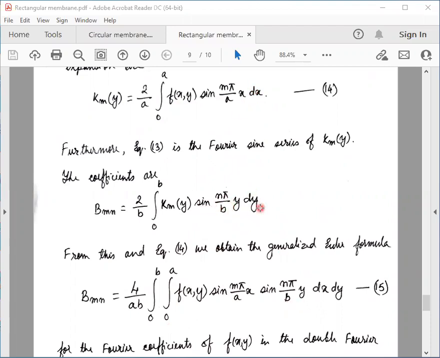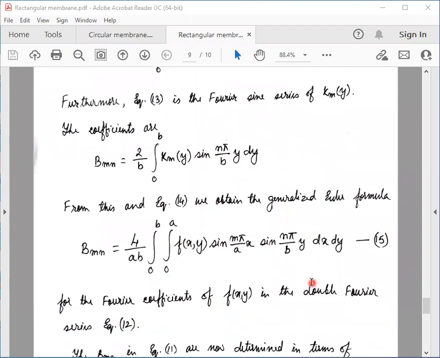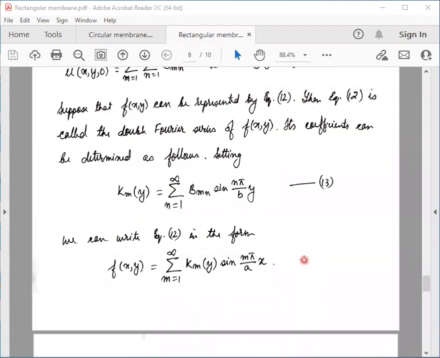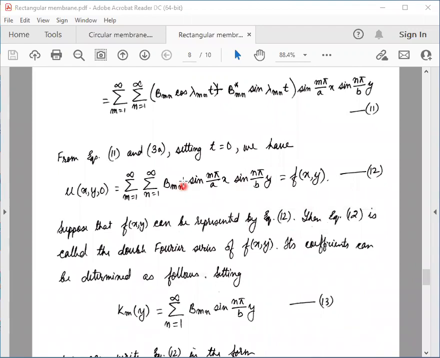So for the Fourier coefficients of f of xy in the double Fourier series given by equation 12, we have obtained the value of this coefficient Bmn.